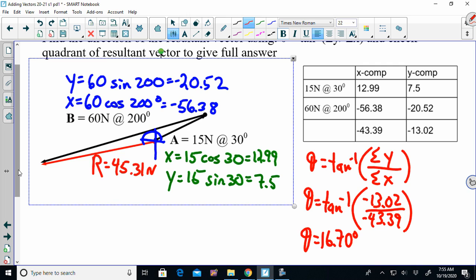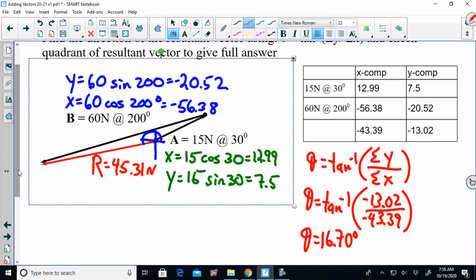Now, this is where the tricky part comes in, because you have to remember that the calculator has no idea what quadrant we're in. That's why you need to check what your total x and your total y are. In this case, they're both negatives.